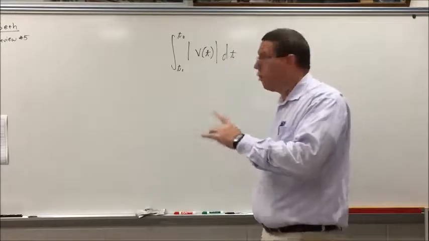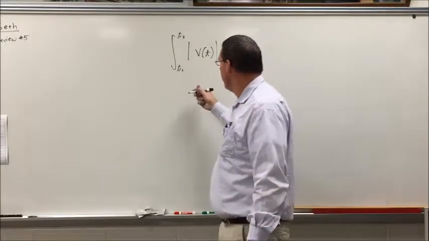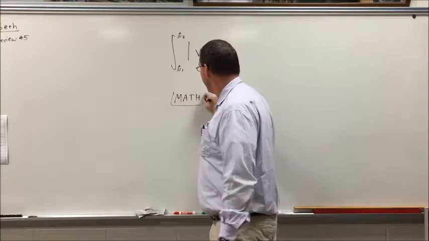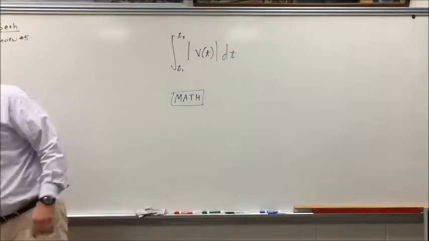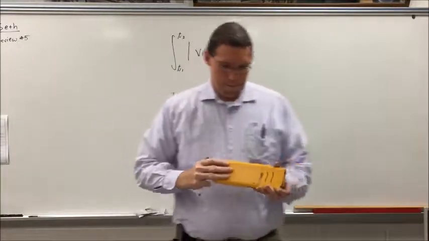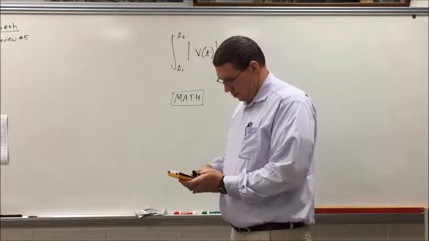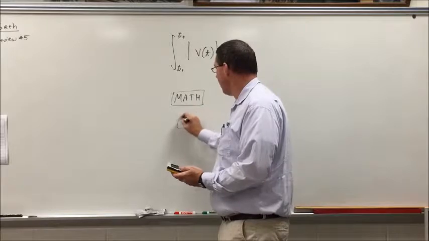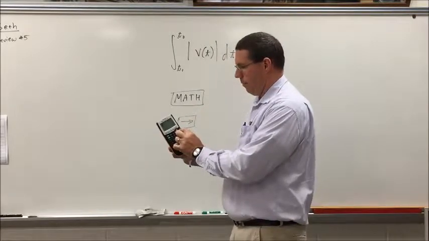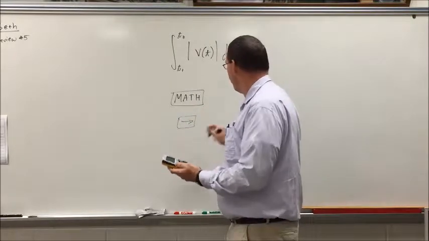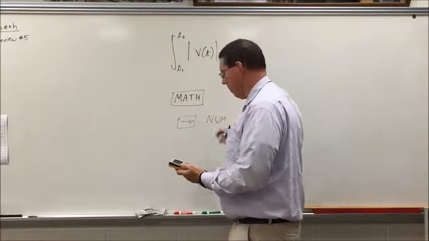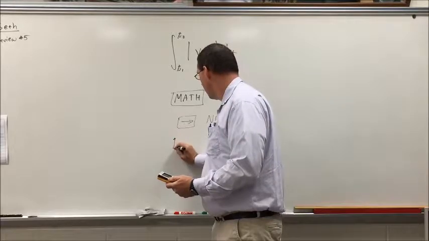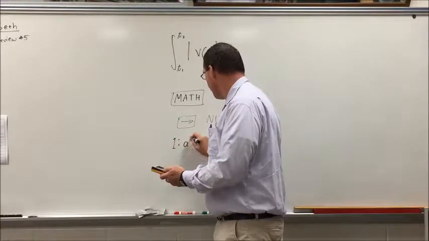In your calculator, the way you get an absolute value symbol is you press the math button, then arrow over to num. Hit the right arrow button to go over to num, and then option 1 says abs.